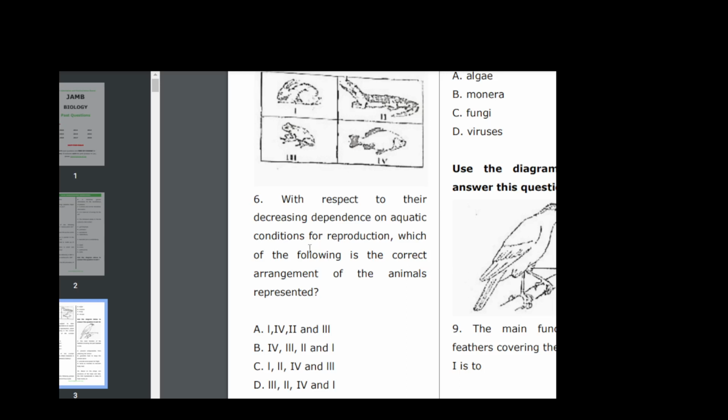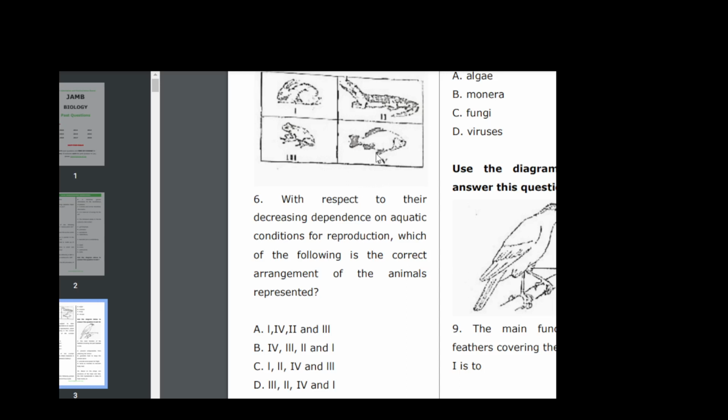So if we look at it in decreasing order, we'll be having 4, 3, 2, 1. The option that has that is option B. Option B has Roman numeral 4, 3, 2, 1. So that is the order in decreasing dependency on aquatic conditions for reproduction.